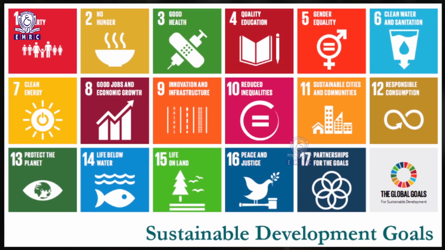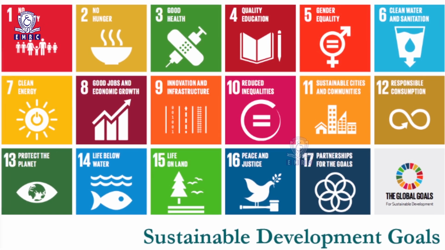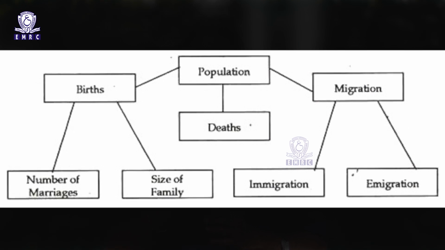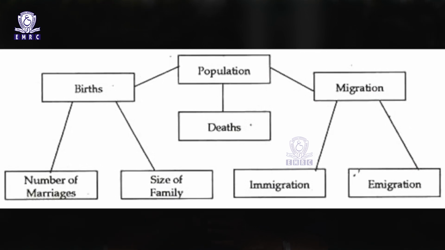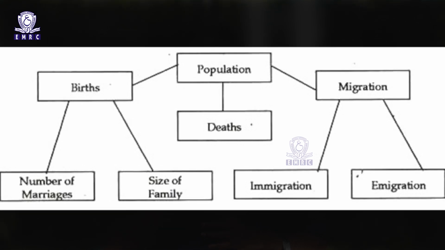Subsequent population conferences include the Program of Action of the International Conference on Population and Development, which we call ICPD, held in 1994, have emphasized the need to monitor population policies and programs. Various internationally agreed development plans, including the 2030 Agenda for Sustainable Development, have also included a number of targets and indicators to monitor population related policies and programs.